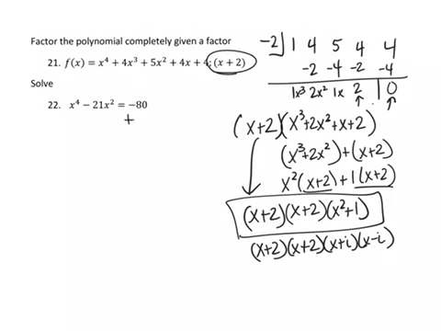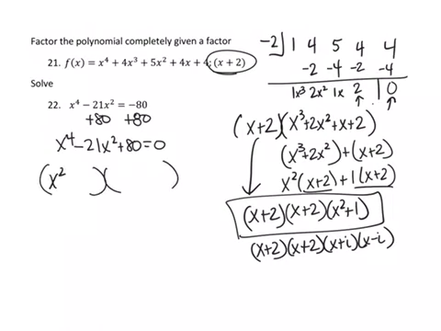Number 22 says solve, so I'm going to add the 80 to the other side. X to the 4th minus 21x squared plus 80 equals 0. I'm looking for two numbers that multiply to 80 and add to negative 21, x squared and x squared. I get negative 16 and negative 5. That equals 0.